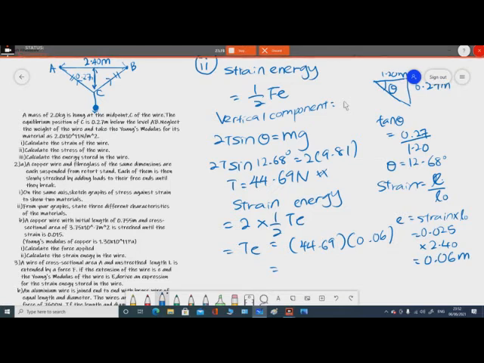So the final answer we got is actually 2.68 joule. Okay, 2.68 joule. Wait, there's a mistake here. So let me check again.